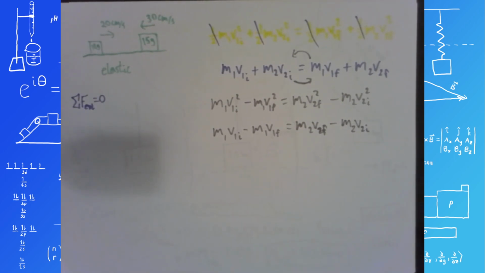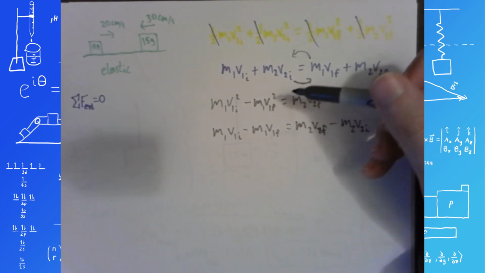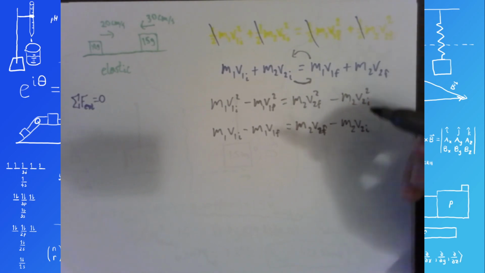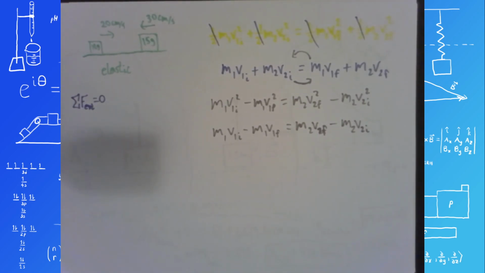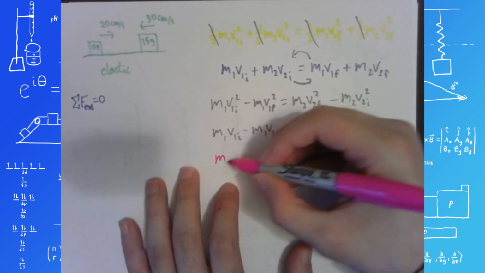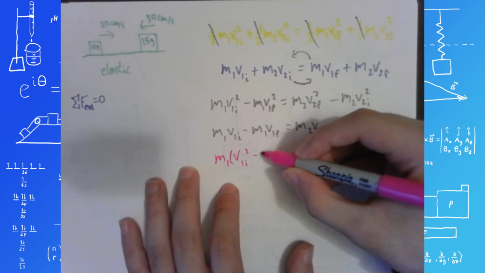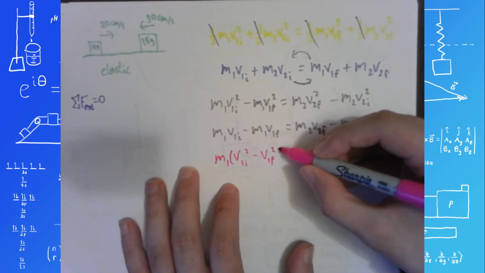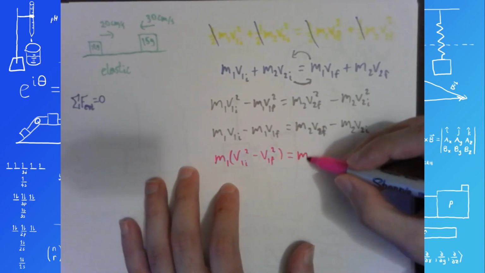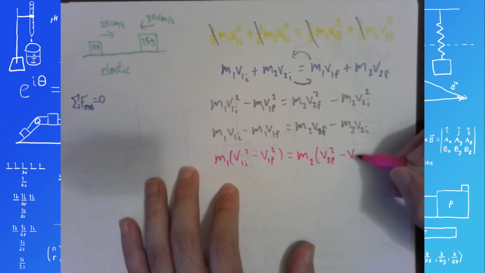Okay, from here I can factor out m1 on the left-hand side and m2 on the right-hand side for each equation. So let's switch colors again. I want to do a lot of color switching here just to keep everything organized. So if I factor out m1, I get v1 initial squared minus v1 final squared in the parentheses equals, if I factor out the m2, v2 final squared minus v2 initial squared.